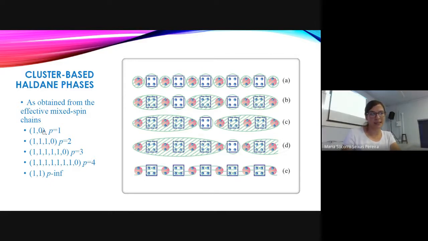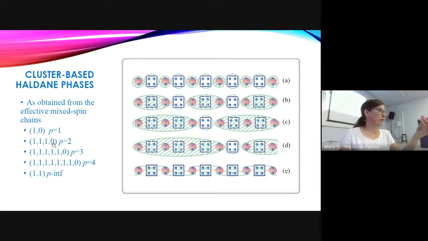And here the periods are given. It means that if each square is in a singlet tetramer, we can see it as a cluster-based Haldane phase with period 1. If every second square plaquette of the octahedral chain is in a singlet tetramer, it is the hexamer-tetramer state, with period 2.